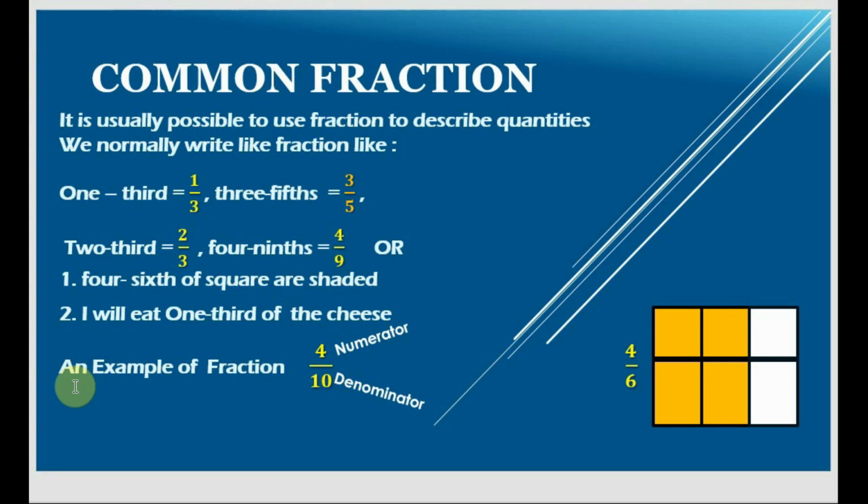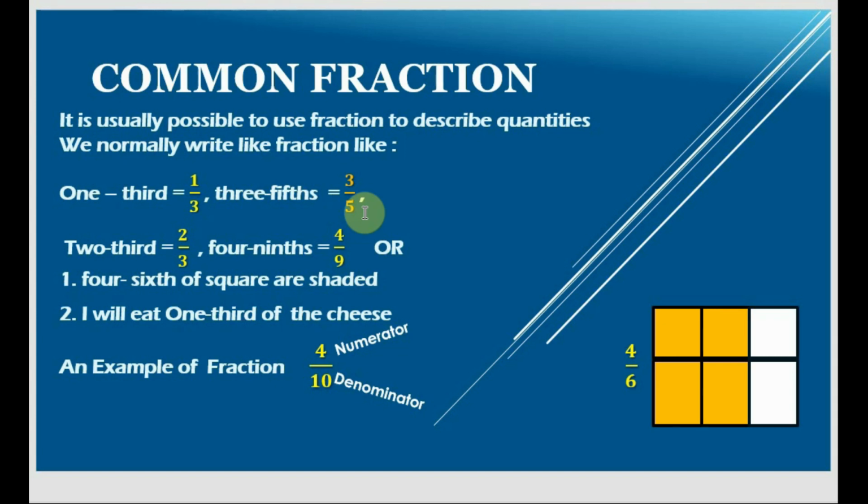For example, you can express a fraction such as 1/3, which simply means 1/3, or 3/5, which simply means 3/5. 2/3 also means 2/3, and 4/9 also means 4/9 in this sense.